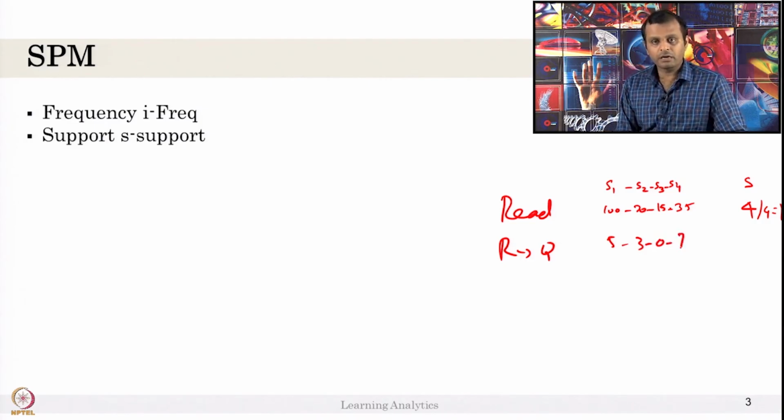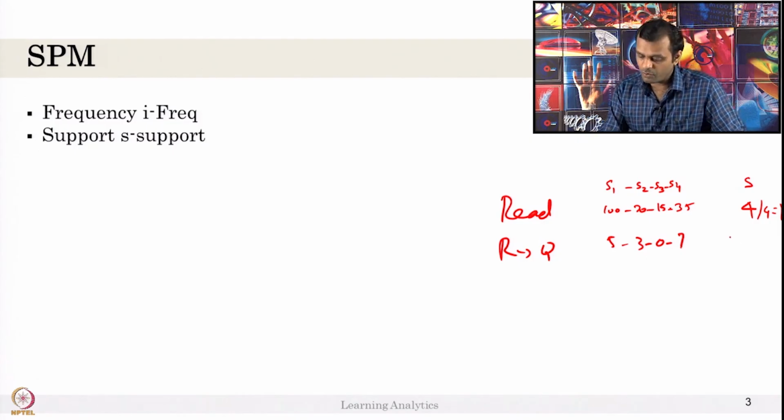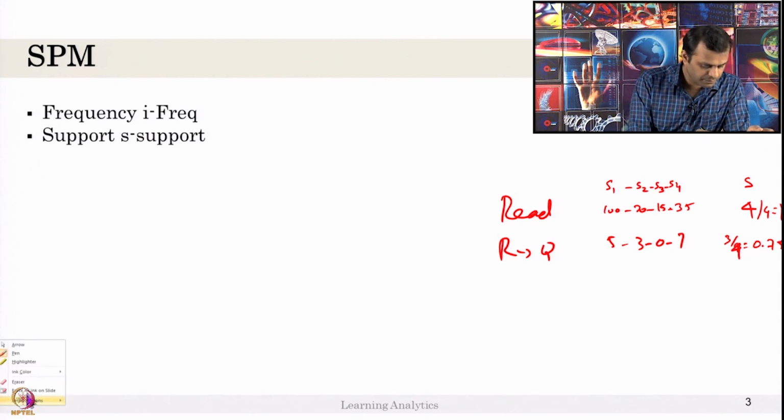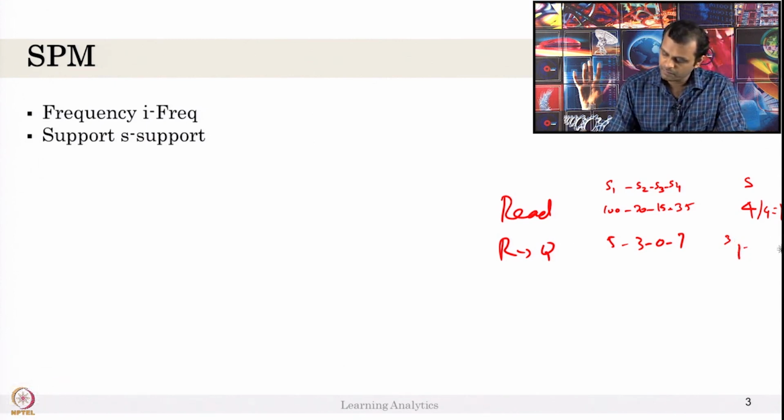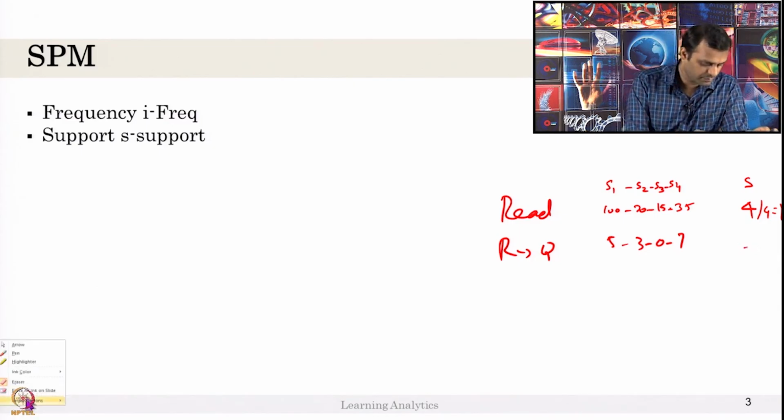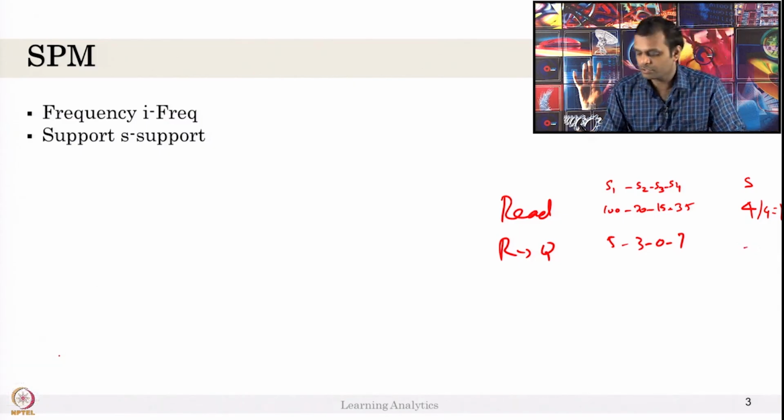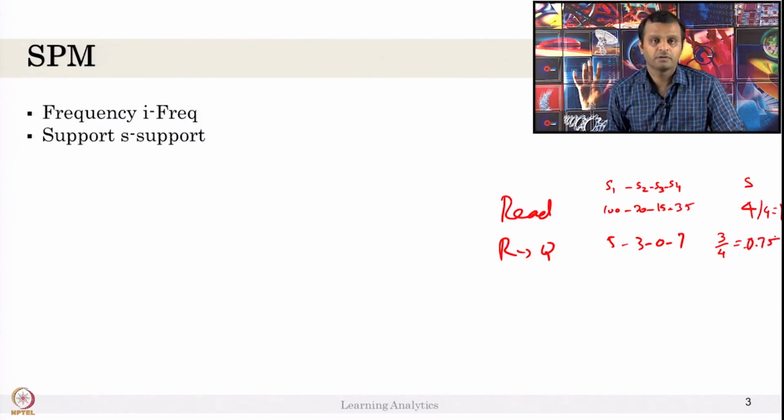So, it occurred for 3 students, which means 3 by 4, it is 0.75. And this value will indicate how many students have this particular pattern, whether this pattern is important or not.